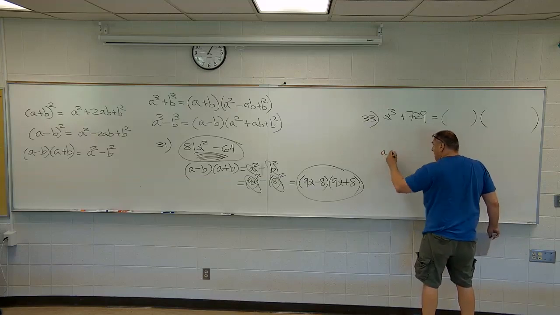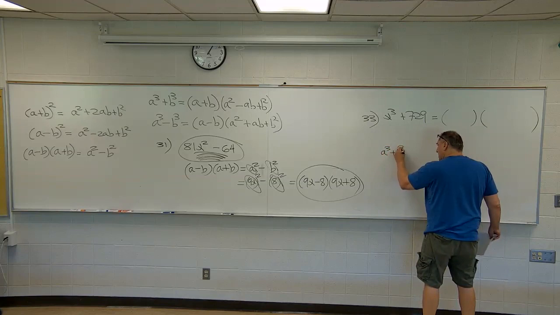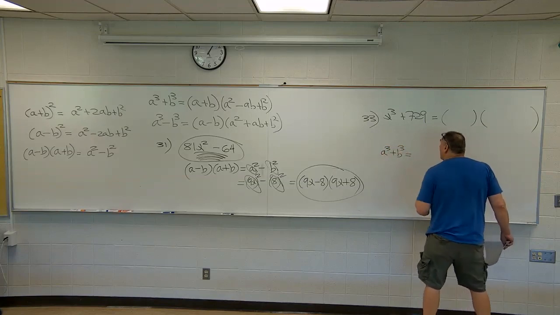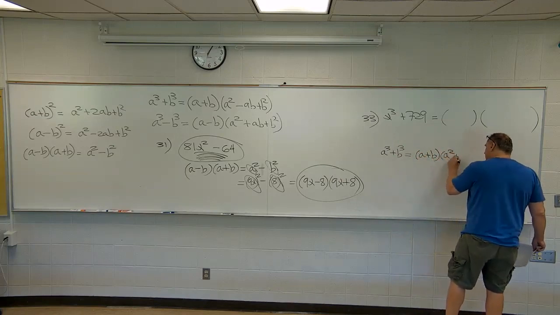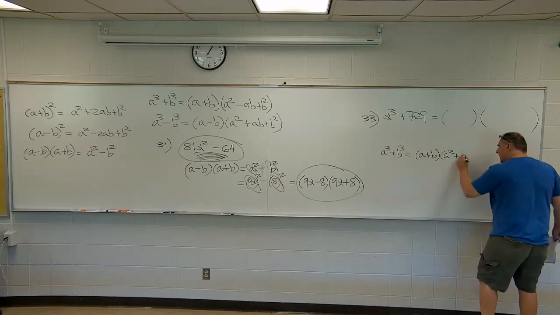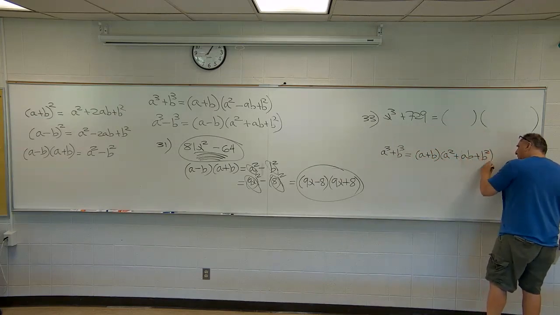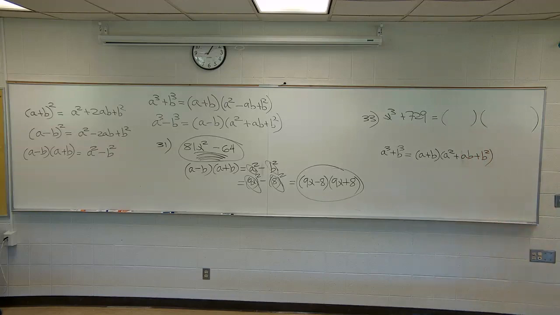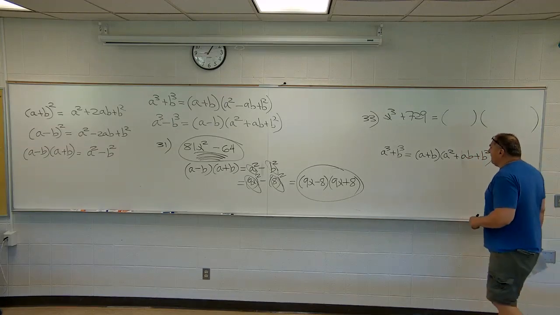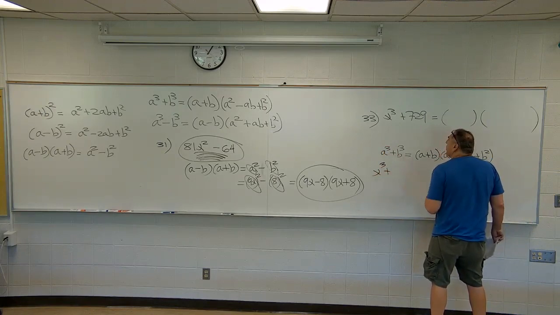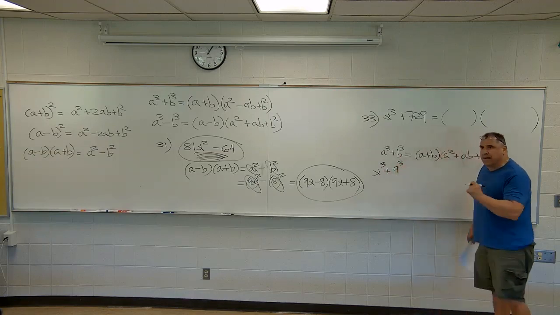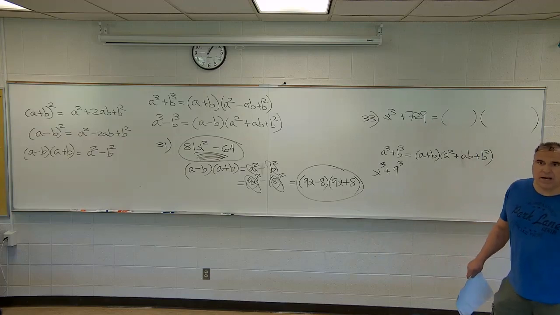Isn't it true you've got a plus b? Yeah, you're saying that. Can I do it? Yeah, maybe I can. x looks a lot like a. A cubed is a lot like x cubed. b cubed, how about the number 9 taken to the third power? 9 times 9 is 81, times 9 is 729.